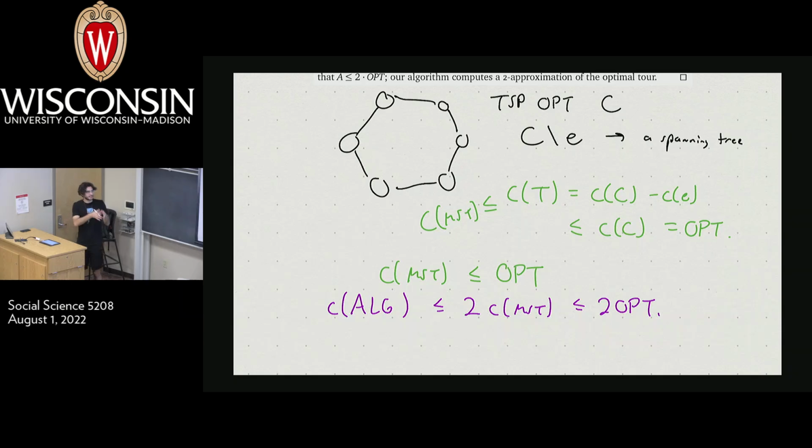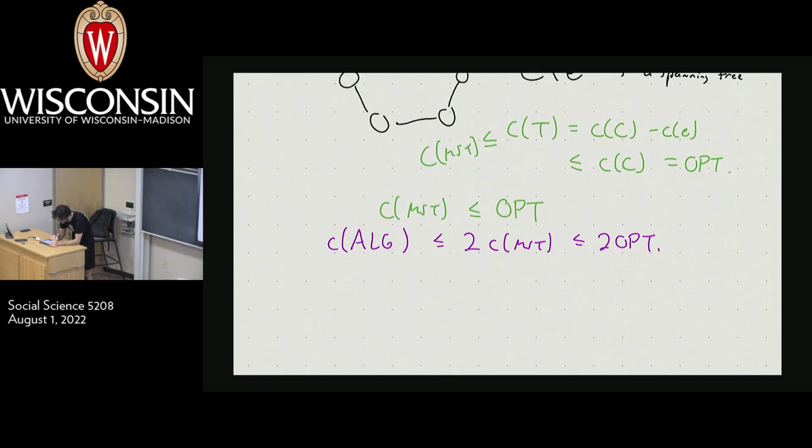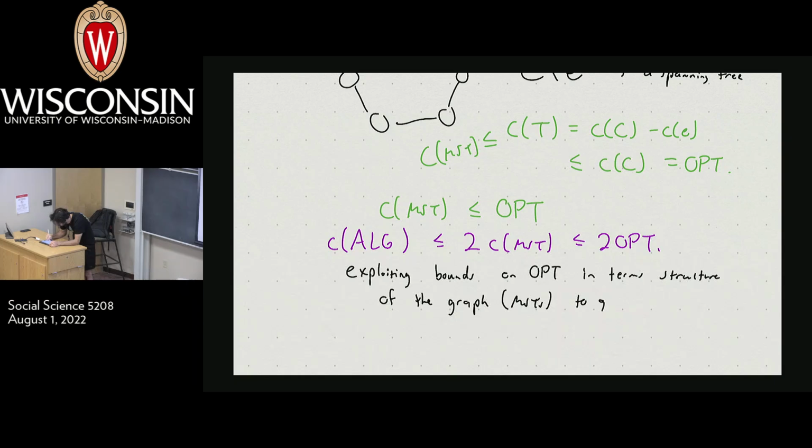We use MSTs in our algorithm, and so we can exploit that relationship to get a good algorithm with small cost. So we're exploiting bounds on opt in terms of structure of the graph, in this case MSTs, to get a good algorithm.